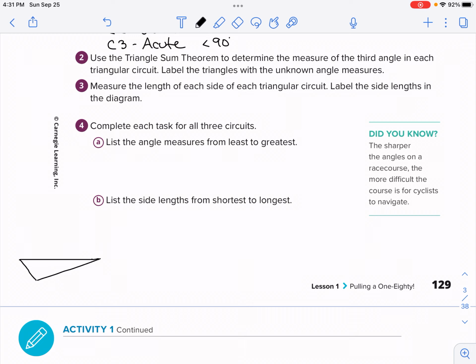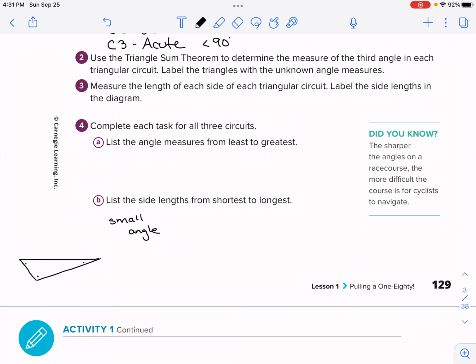What we want to note is which one is the shortest side and the smallest angle. Let's say smallest angle here, I'm going to draw an arrow. So we have 3 angles here. We've got this one, and this one.